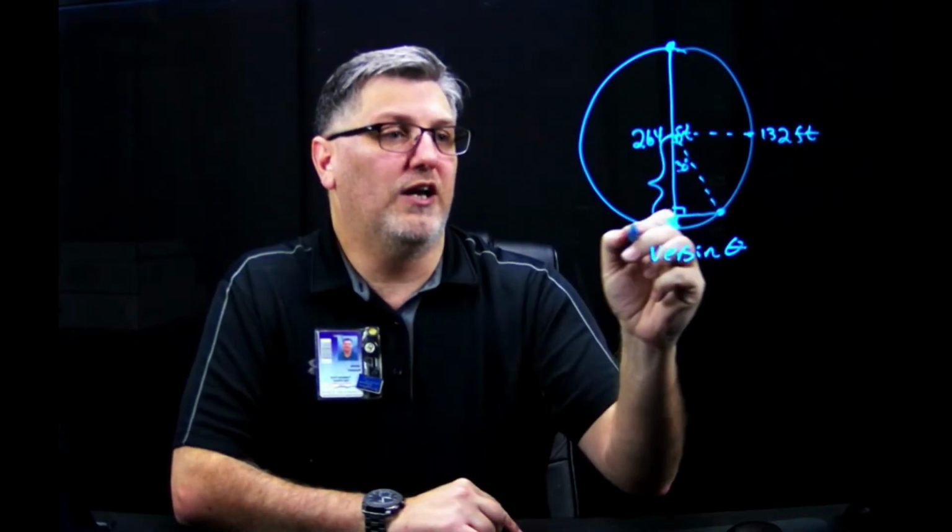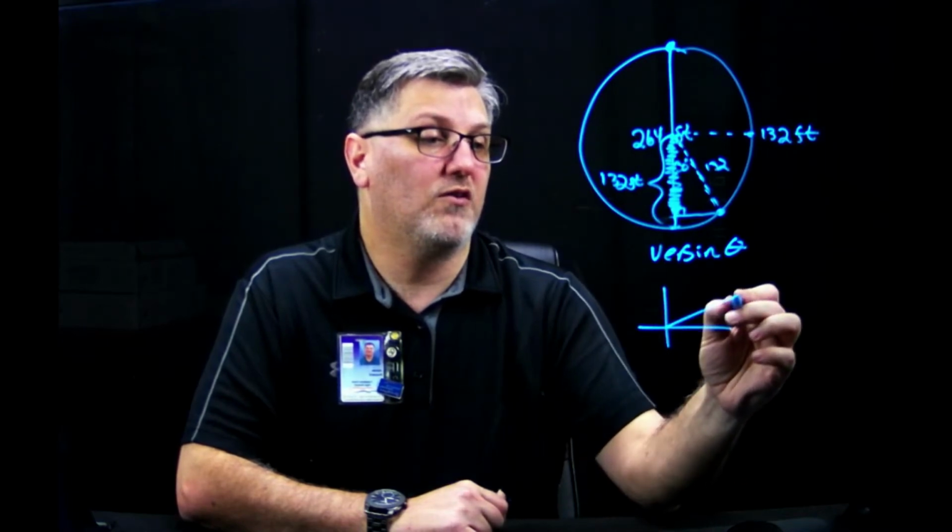So first things first, I need to know this whole length right here. I know that the whole length is 132 feet because it is a radius. I then need to know how long this part of the triangle is, because if I know that, I can just take this minus this and I would get this little part. Well, I know that this part here is another radius, so this is 132.